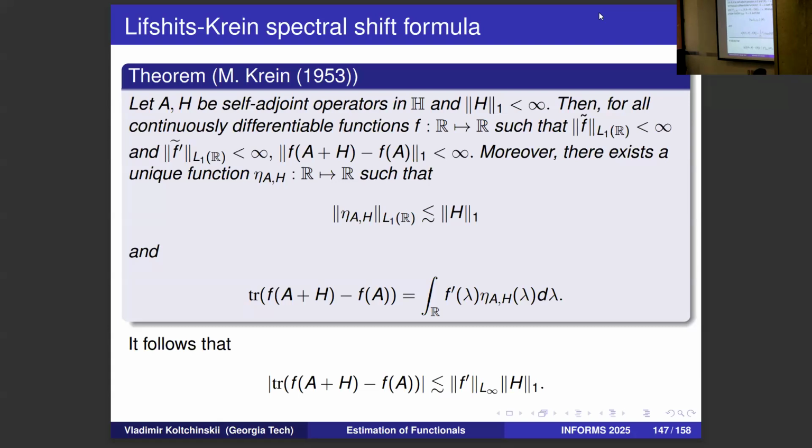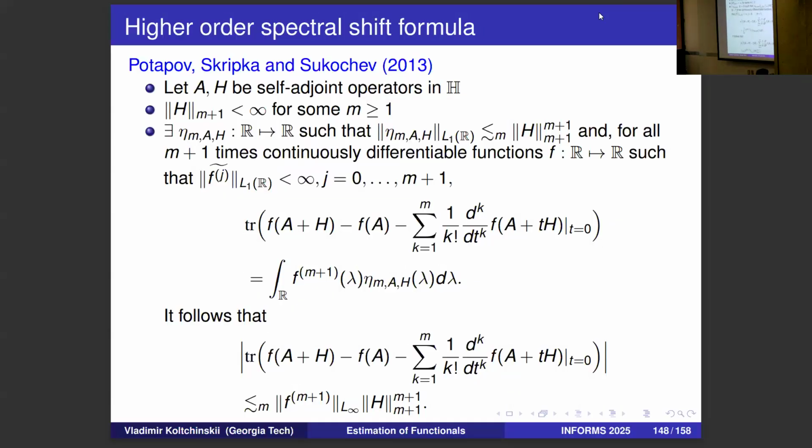Then it was developed much further. There was an open problem for a number of years how to do Taylor series in this case, whether there is a sort of higher order version of the Lifshitz-Krein theorem, okay? And it turns out that there is a higher order version of the Lifshitz-Krein theorem.